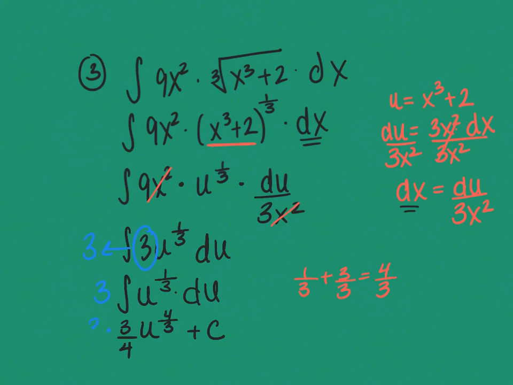Again, don't forget this 3 that's on the outside there. So the final answer, if I put this over 1 and multiply tops with tops, bottoms with bottoms, is 9 over 4 times (x to the 3rd plus 2) to the 4/3 plus c.